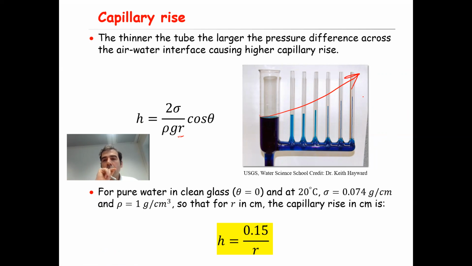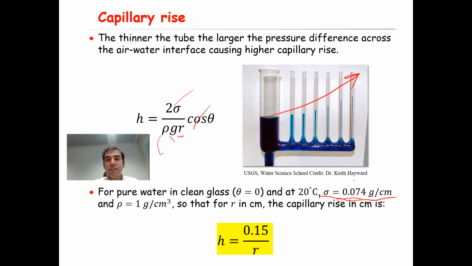And for pure water in clean glass, and here clean glass is a keyword for contact angle 0. So you know the density of water at 20 degrees, you know the surface tension at 20 degrees that is given here, you know the gravity, right? And since it's clean glass, theta is 0, therefore cosine 0 is equal to 1, so that drops out as well.